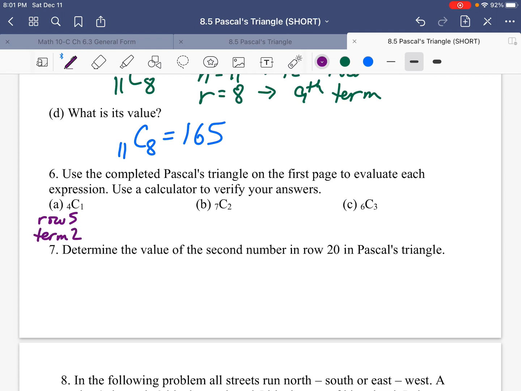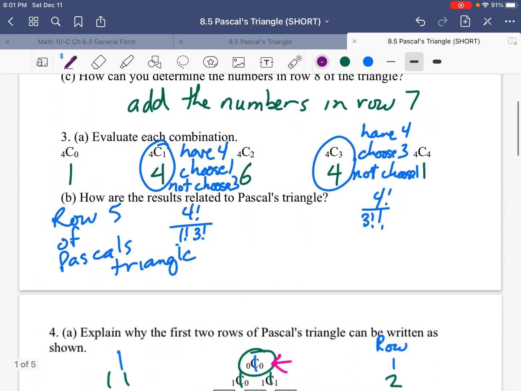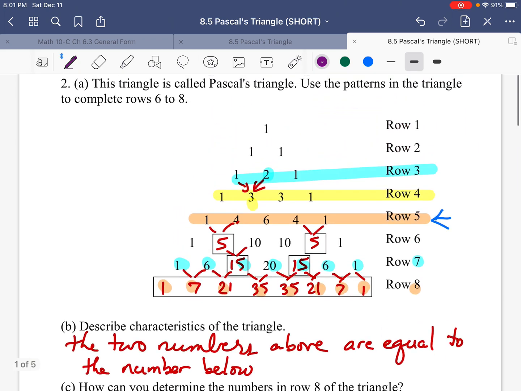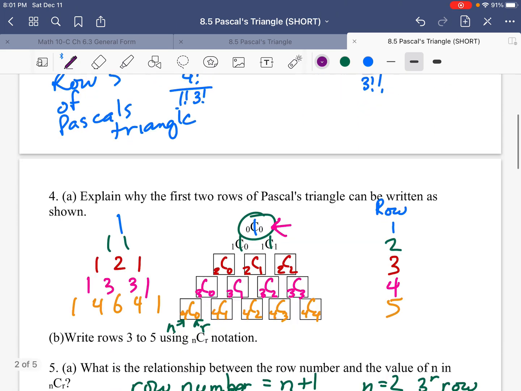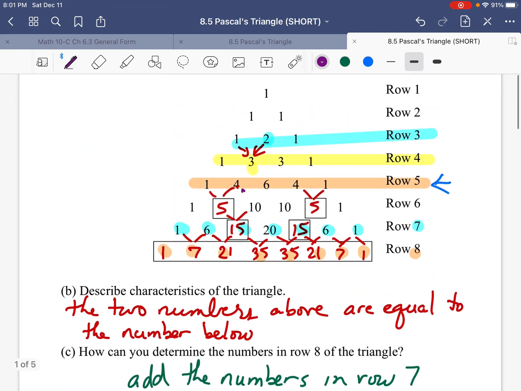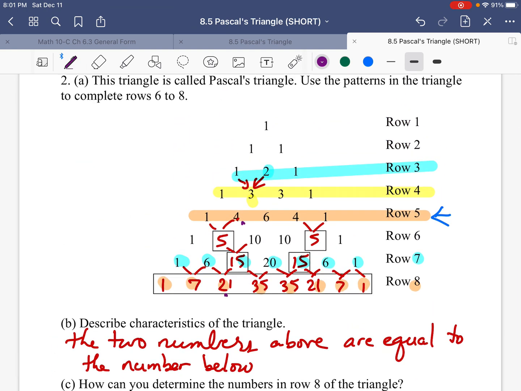So, 4C1, that's row 5, term 2. Remember, we always start at 0, so 4C1 is 5th row, term 2. So, row 5, term 2 is 4. 7C2, that's row 8, term 3.